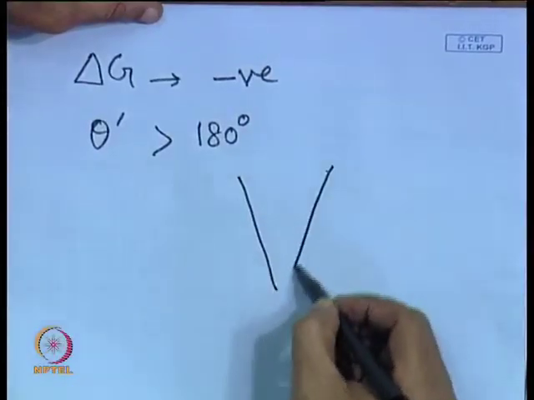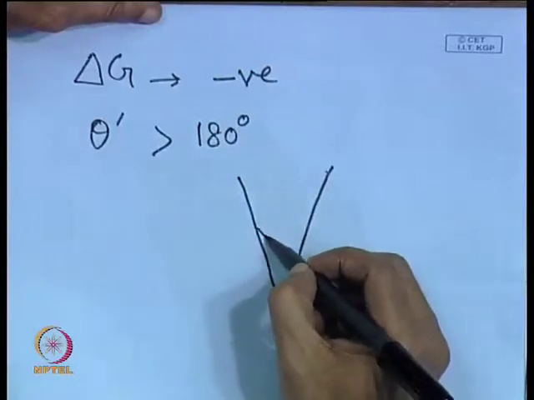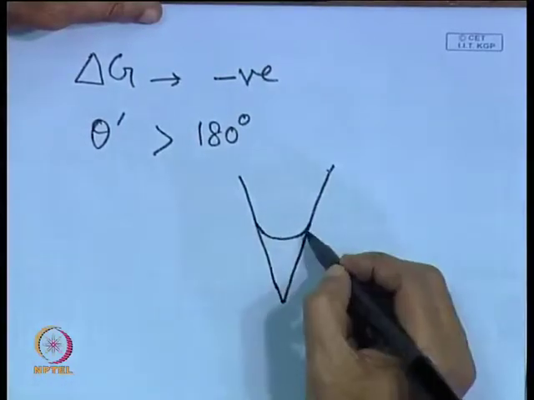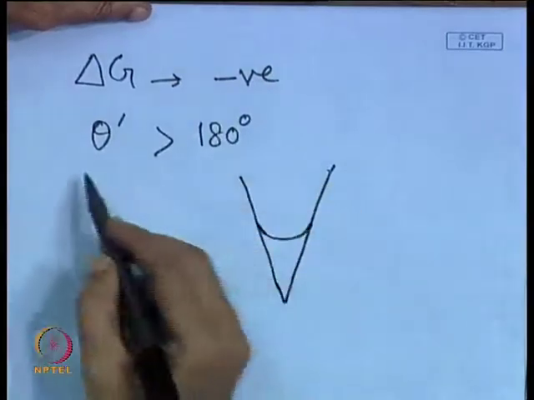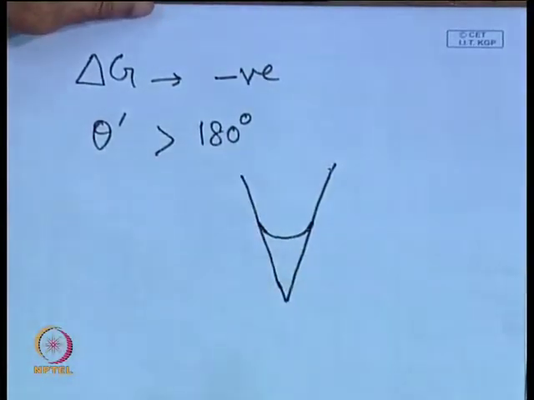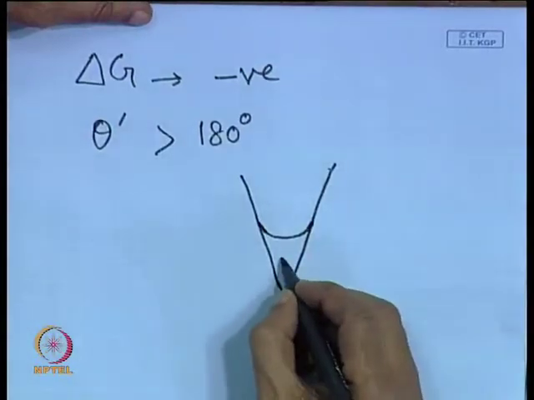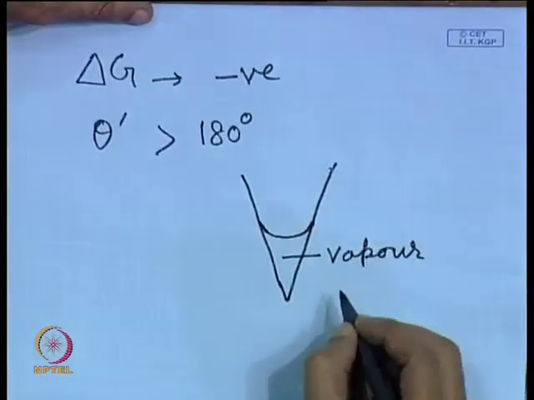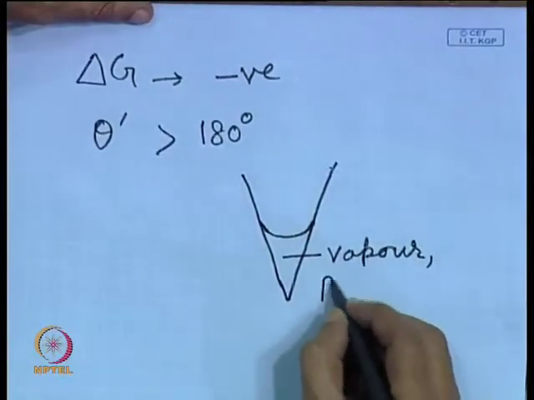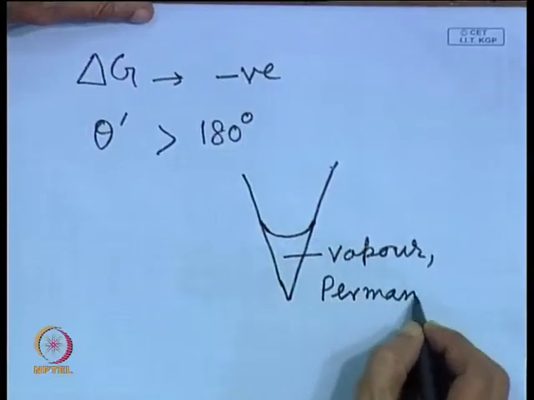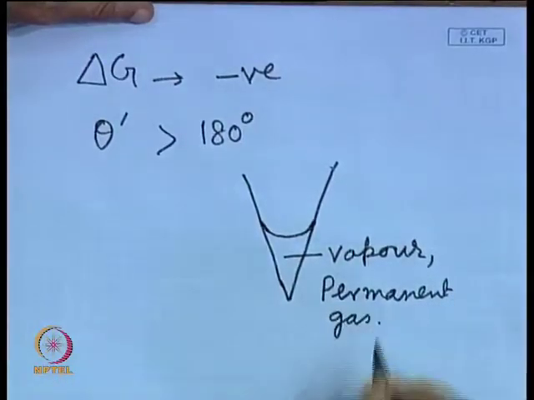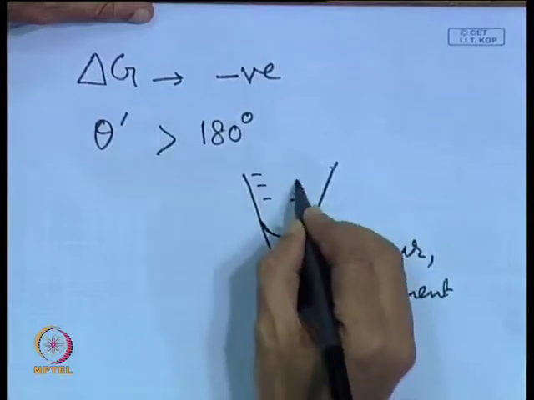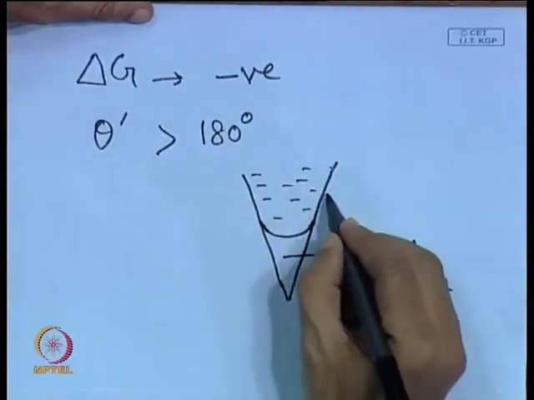Now, the actual situation is not so. There is another physical interpretation. Suppose we have this kind of an interface, where theta dash is becoming 180 degrees. Here we have vapor, or you can have permanent gas, or you can have a mixture, and here you are having liquid.